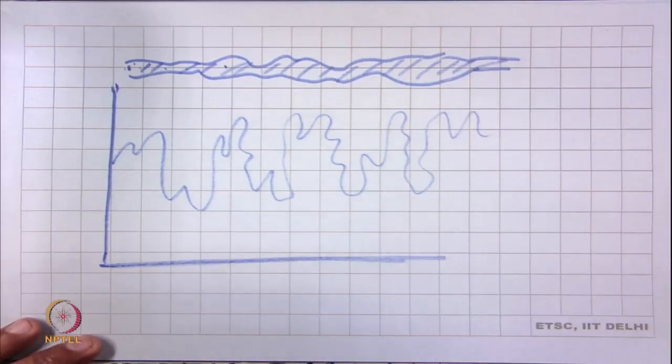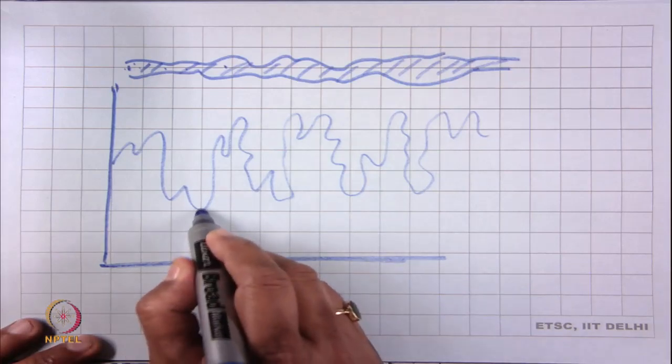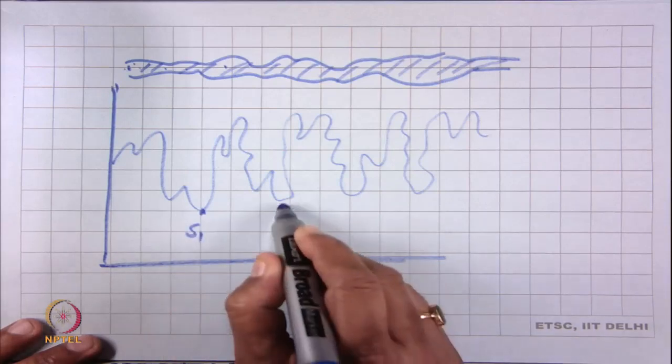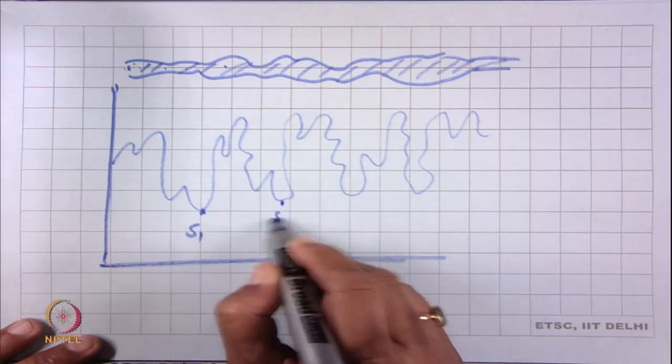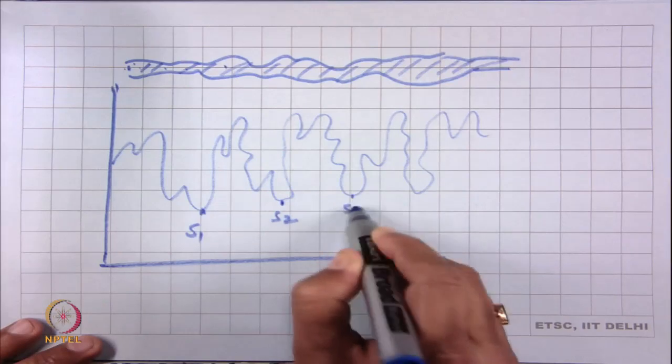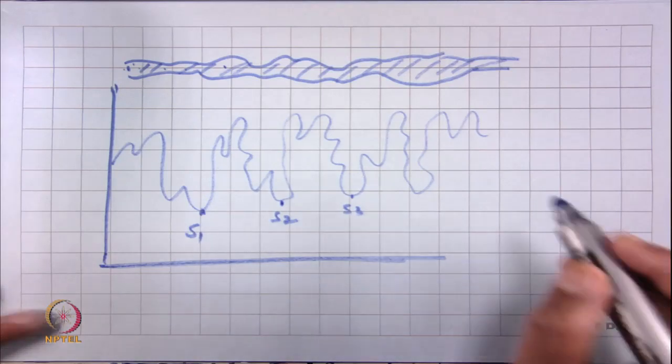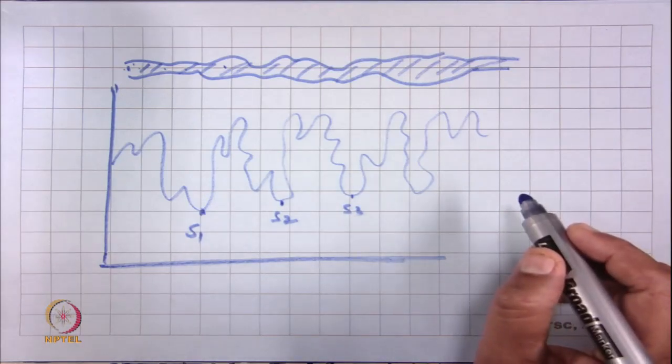So, this is say S1, S2, S3, these are the weakest points. And now, it is a specimen length.